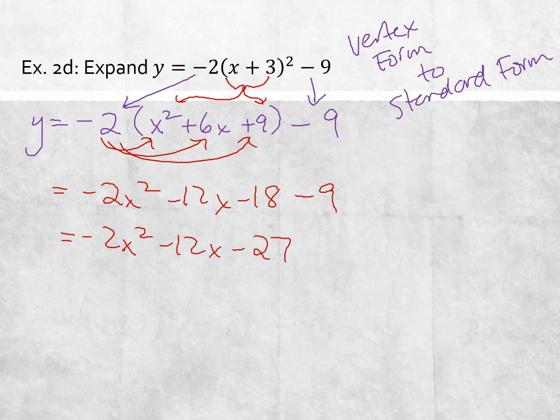And we have successfully changed vertex form to standard form. And if I ask you what the y-intercept is, it'll tell me negative 27. You're going to notice too, my a value, which was negative 2, is still my a value right here. If it wasn't, then you made a mistake somewhere. Any questions? Everyone think they can handle that on their own?